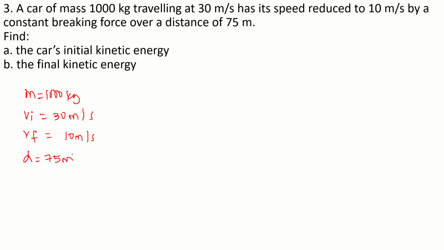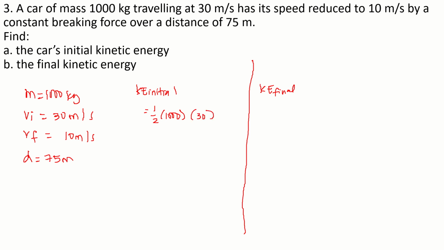So, if you look at it, obviously the 75 meters is just a distraction. So, let's cross it out to make it easier. KE initial, because that's the first problem, and then KE final. So, here below, 1/2, the mass is 1,000. I won't be putting the units anymore because you know that already. You should know that by now. 30 squared.